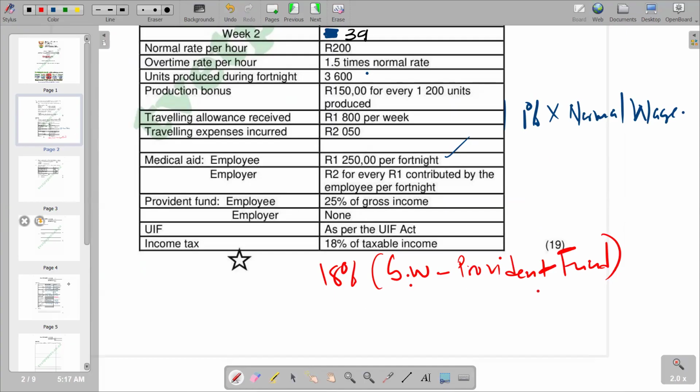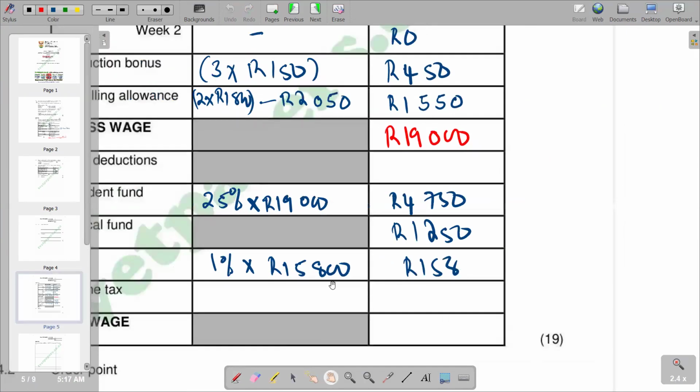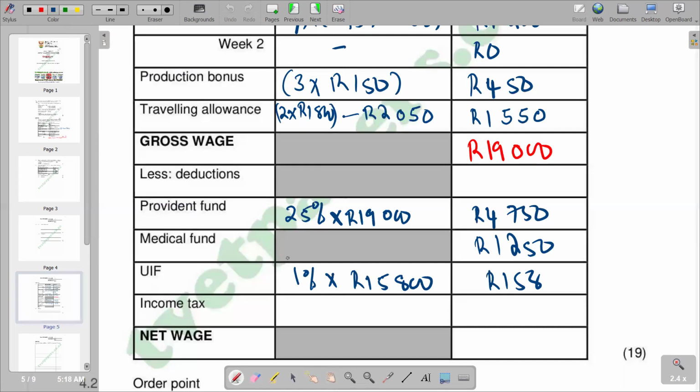So we say gross wage, we know that is 19,000, minus provident, which we got as 4,750, then 18% of that. Then we calculate it, the net figure that we're going to get is 2,565. So basically, that's what we have.